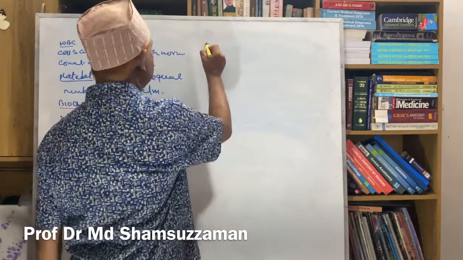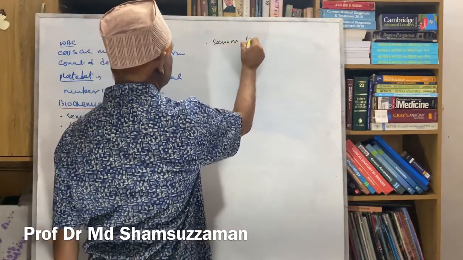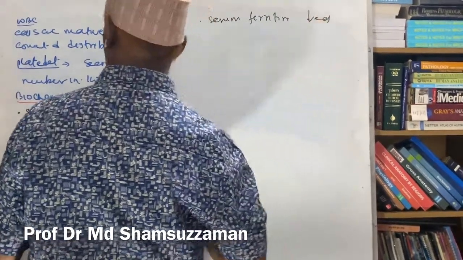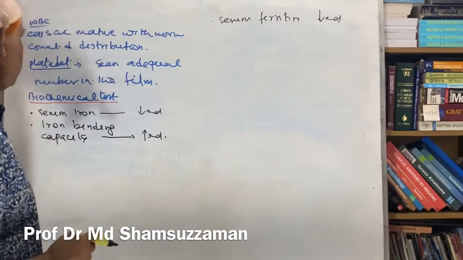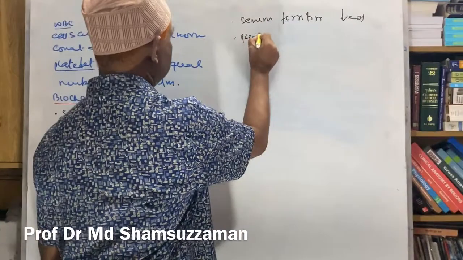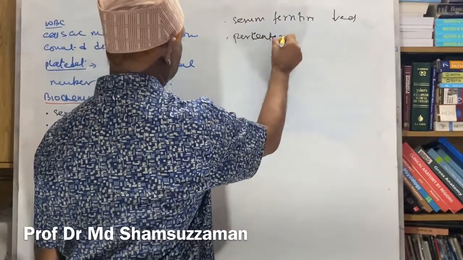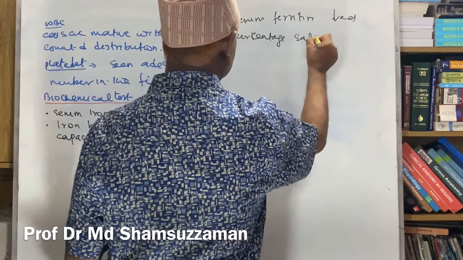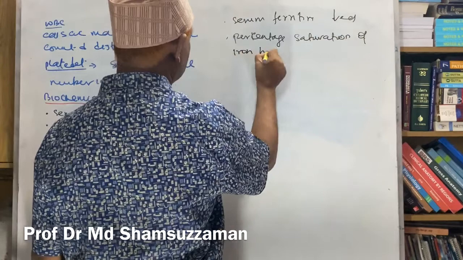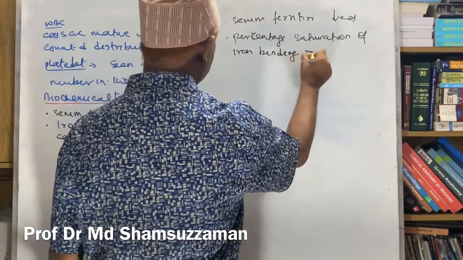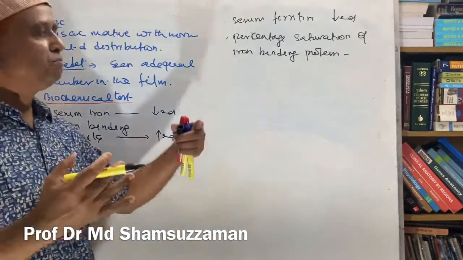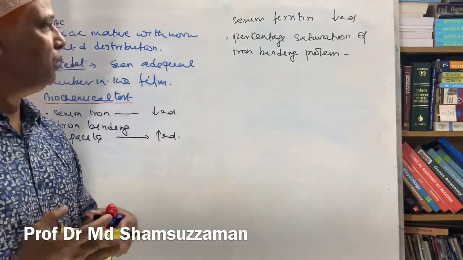Now come to serum ferritin. Serum ferritin will be decreased. Now come to percentage saturation of iron binding protein. Dear audience, you know in our plasma there is a protein that binds with iron.